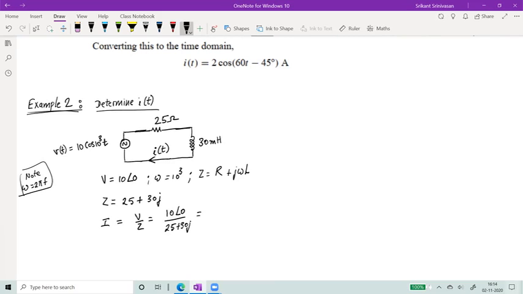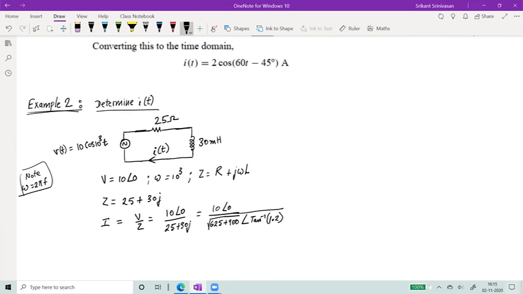Okay, and that's 10 angle 0 divided by whatever this is, square root of 25 square is 625 plus 900 is the magnitude. And what is the phase? Angle is tan inverse 30 by 25. Okay, so 30 by 25 is 6 by 5. That's 1.2. So let me just write it directly.